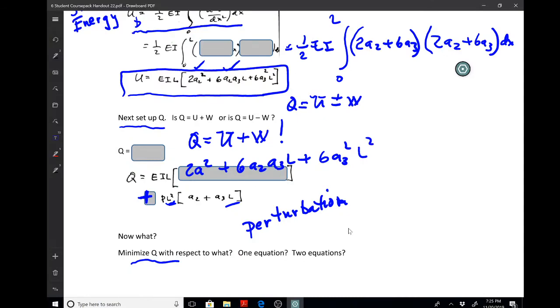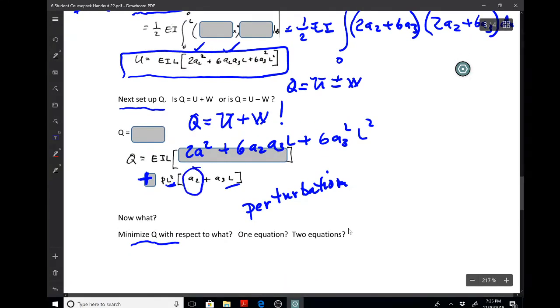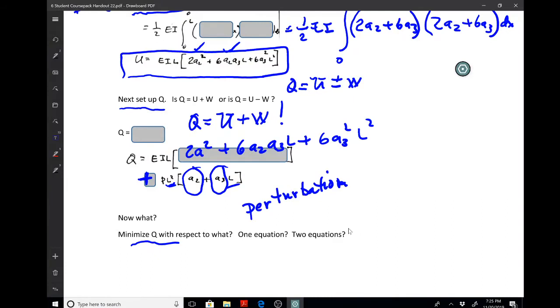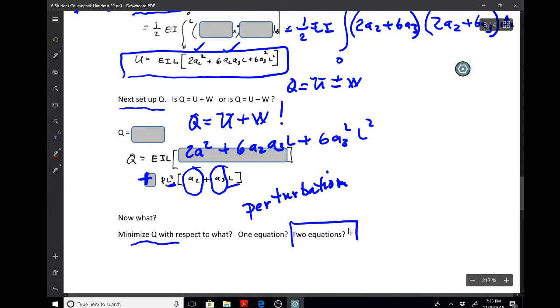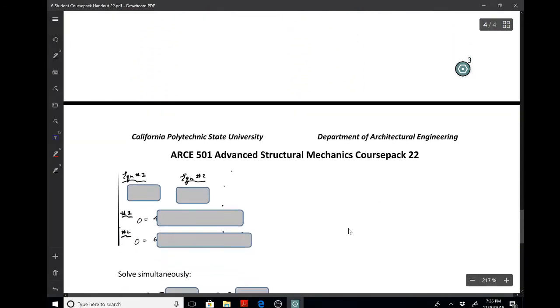How many equations do we have? 1 or 2? Well, how many variables do we have here? We have this one and we have this one. So they are constants, but I don't know what those constants are, so they are variables. So I'm going to have 2 equations, and they will be with respect to A2 and with respect to A3. And the reason why students really like this is at this point it's kind of robotic.